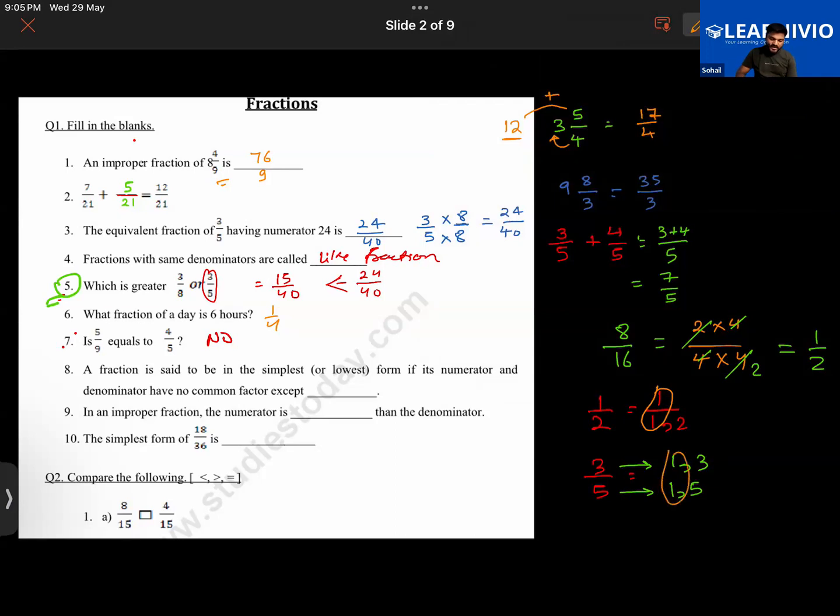So whenever a fraction is in its simplest form, the numerator and denominator have no common factor except 1. Is that clear to you now? Okay, next question.